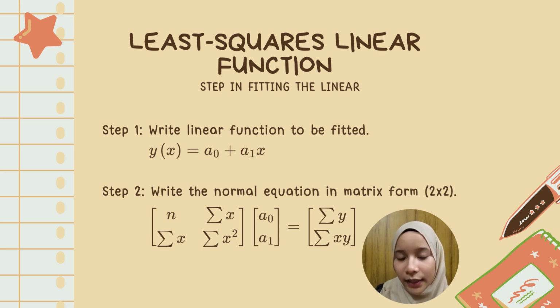For the least square line, first we need to write the linear function to be fitted, which is y(x) equal to a0 plus a1x. Then we write the normal equation in matrix form. Since we have two variables to be found, which are a0 and a1, we use the matrix 2 by 2. The normal equation in matrix 2 by 2 consists of n, sum of x, sum of x squared, sum of y, and sum of xy.